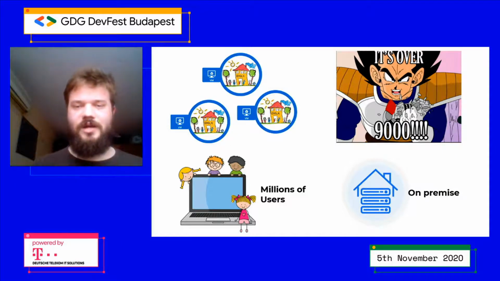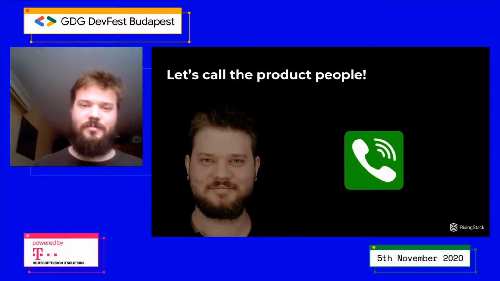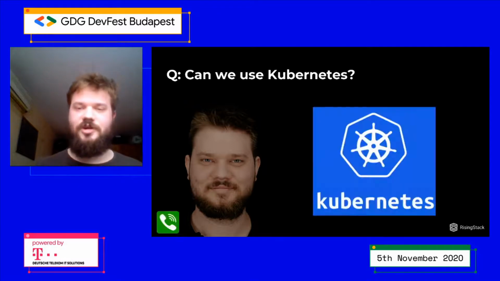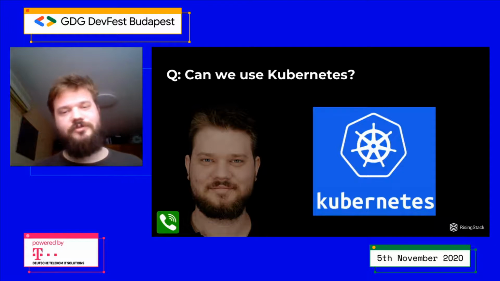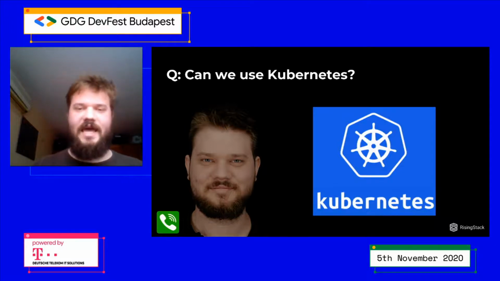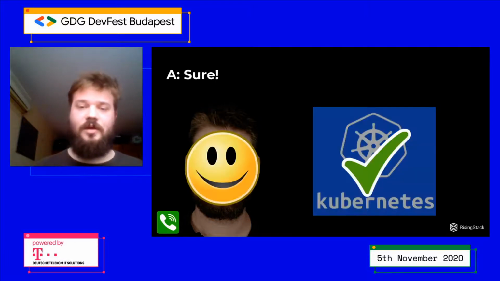So we were like, okay, maybe it's time to call the product people and talk to them about this proposed infrastructure. So yeah, hi guys, we would prefer to go with Kubernetes because handling stuff at that scale, we would need a unified control plane that Kubernetes gives us. And they were like, yeah, sure, go for it.